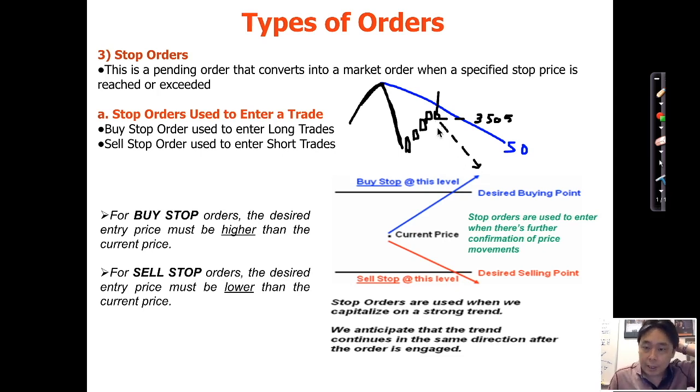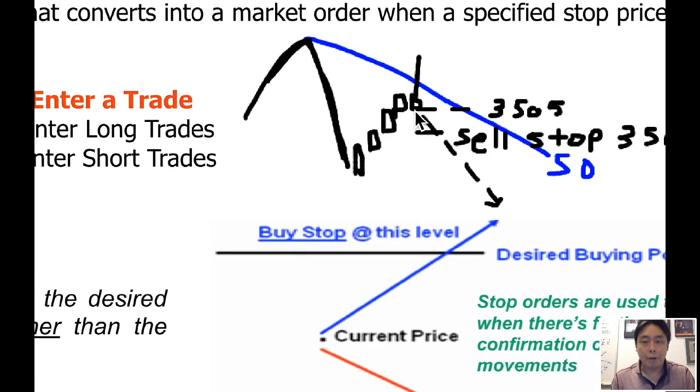So I'll place a sell stop order below the current price. Current price is 3505. My sell stop order could be 3504, for example. Okay, just below the low of this bearish pin.